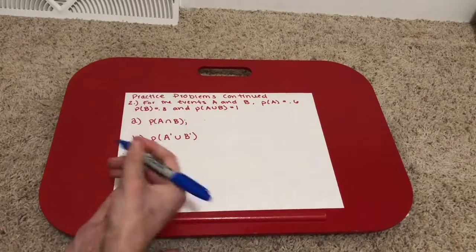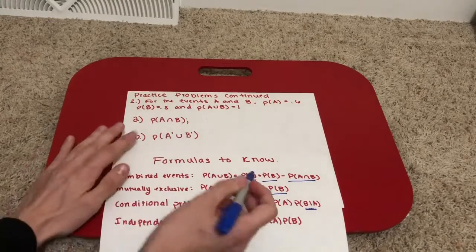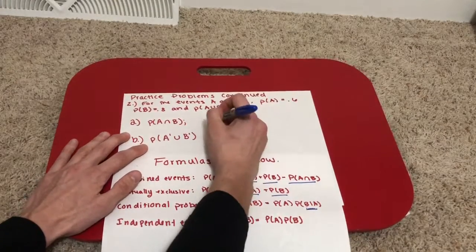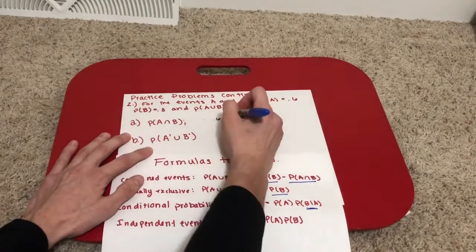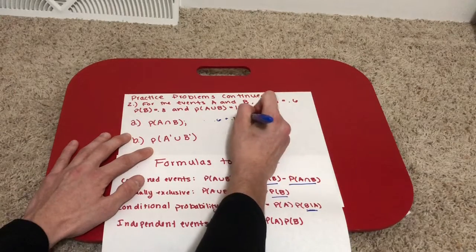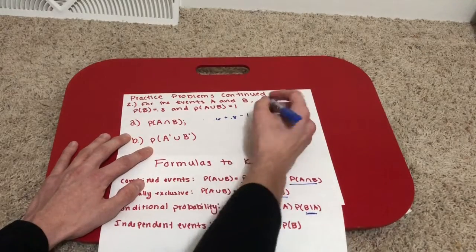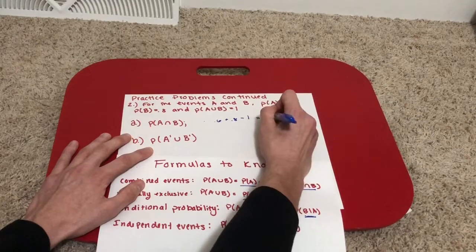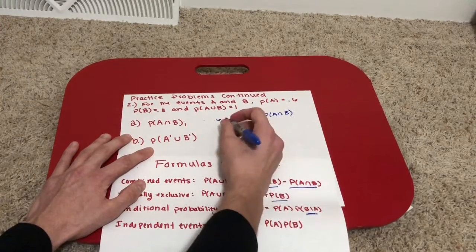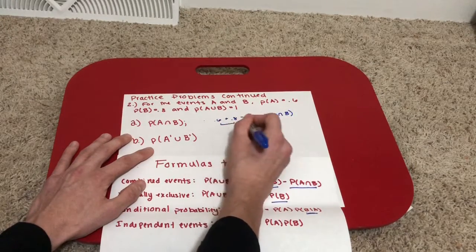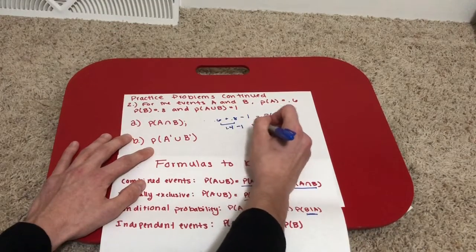So now that's what I'm going to do. In our formula, I'm going to bring that back out here. The probability of A equals 0.6, plus the probability of B, which is 0.8, minus, and we switch these two, so 1 equals this: our probability of A and B. So now we just solve this equation. 1.4 minus 1 equals 0.4.